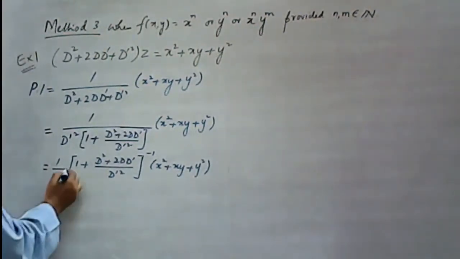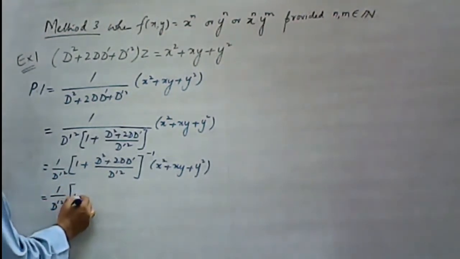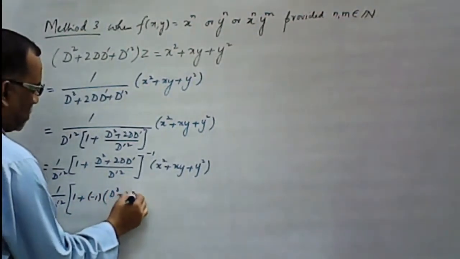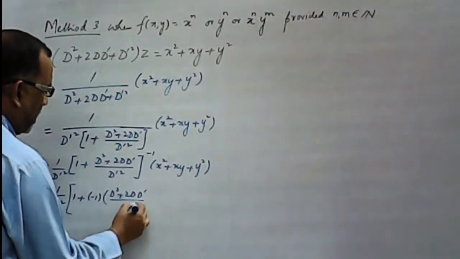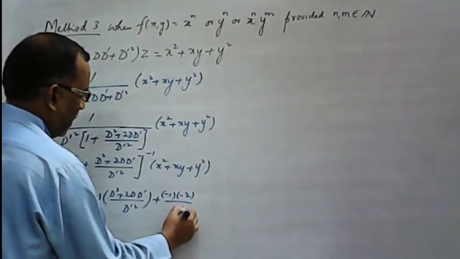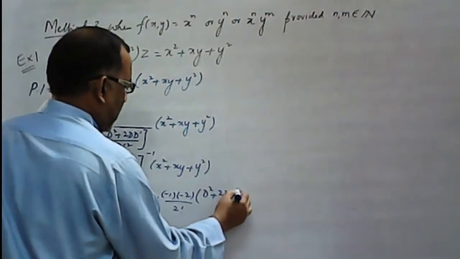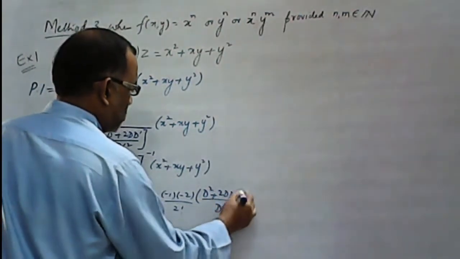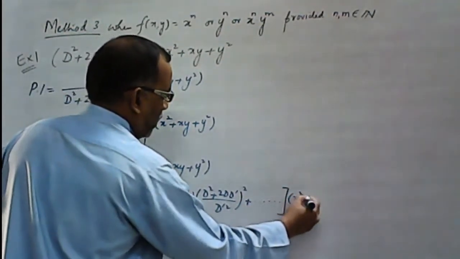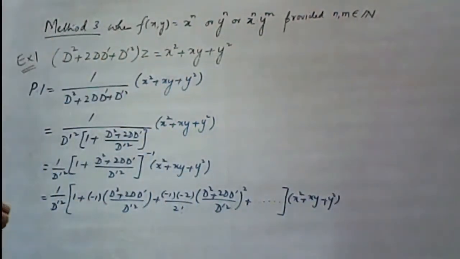Now using the binomial formula, 1 upon D dash square becomes 1 minus D square plus 2DD dash over D dash square, plus n minus 1 upon 2 factorial, then D square plus 2DD dash upon D dash square whole square, and so on, applying on x square plus xy plus y square.